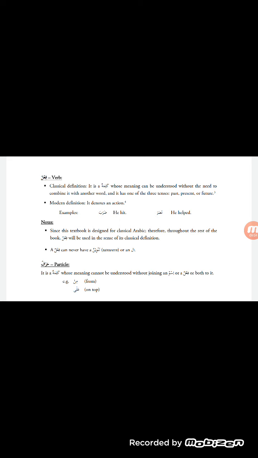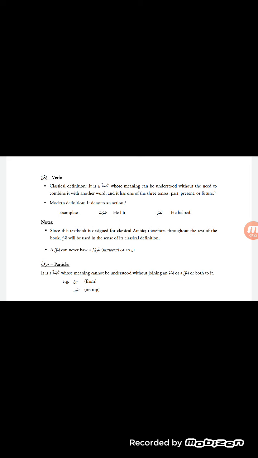It doesn't need to be joined with an ism, a noun, or a harf for the listener to understand the meaning.